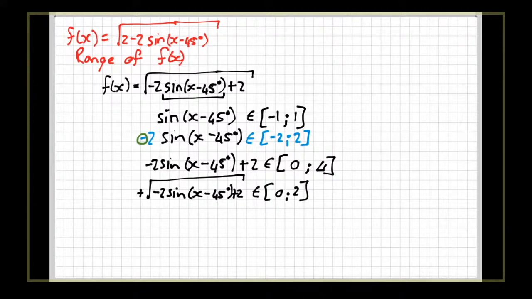And there, ladies and gents, you have your range. In other words, you have your lowest y value, which is 0, and your highest y value, which is 2. All of a sudden, not so intensely difficult. I'm not saying easy, let's just get it straight, but not that intensely difficult.